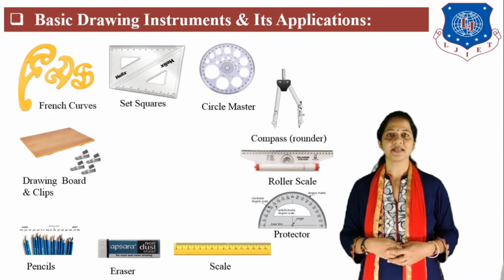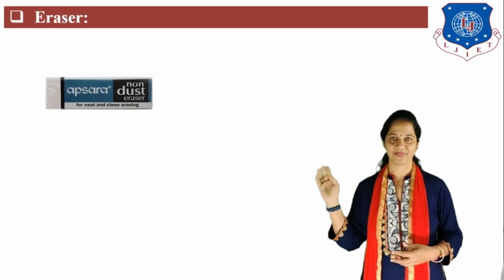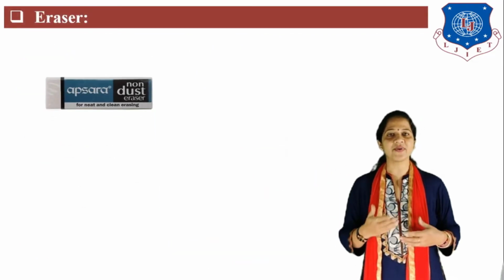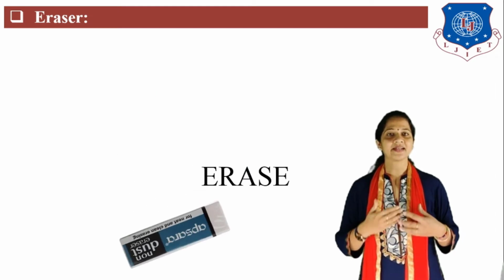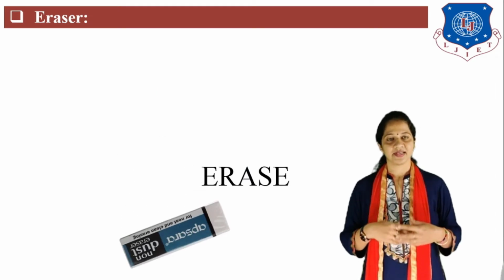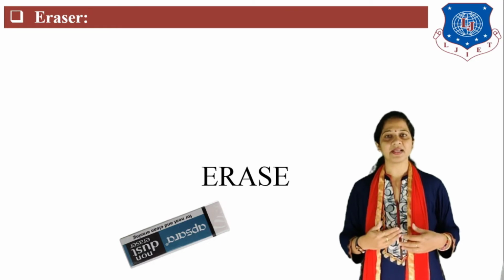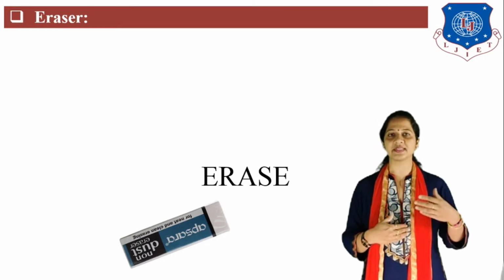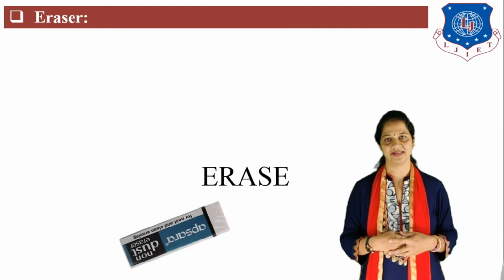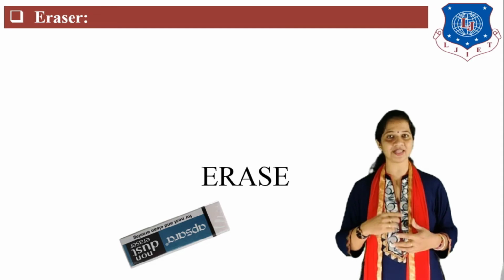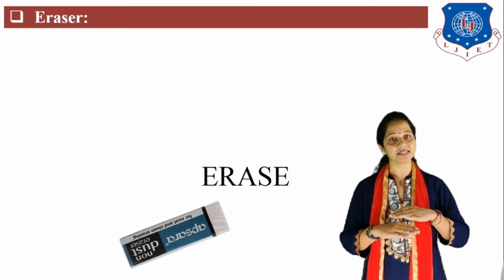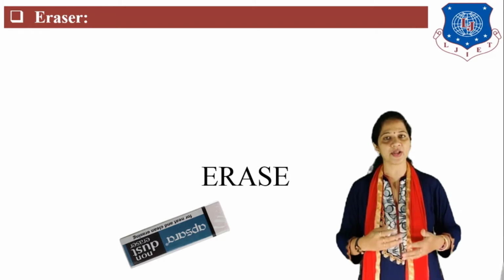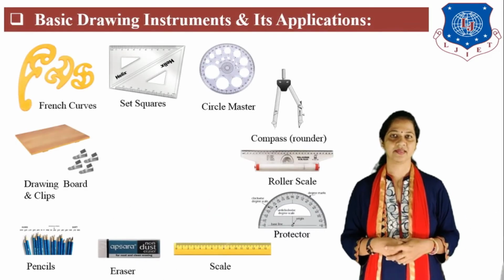Next is eraser. Eraser is widely used to erase errors in the drawing. Erasers are available in different shapes, sizes and colors. But make sure that the eraser does not spoil the surface of the drawing paper.